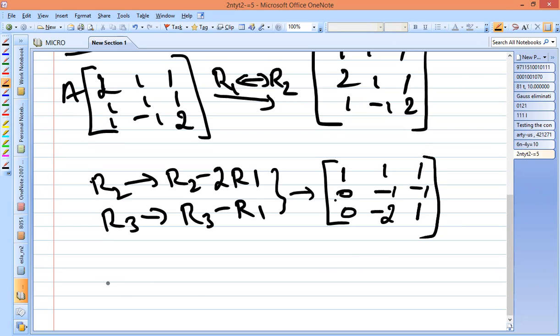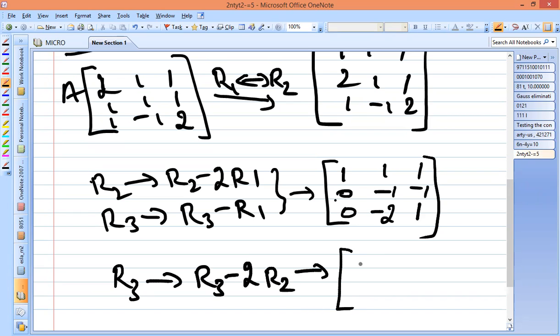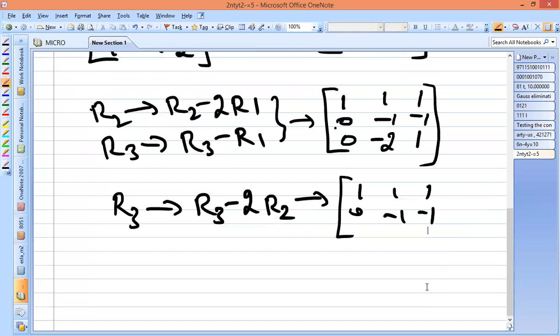And for this, once again, can you try with R3? R3 minus 2 R2, can we do it? If you do that, what do you get? It will remain the same. You cannot perform elementary operations on R2, because once again the first element will go with a non-zero value.